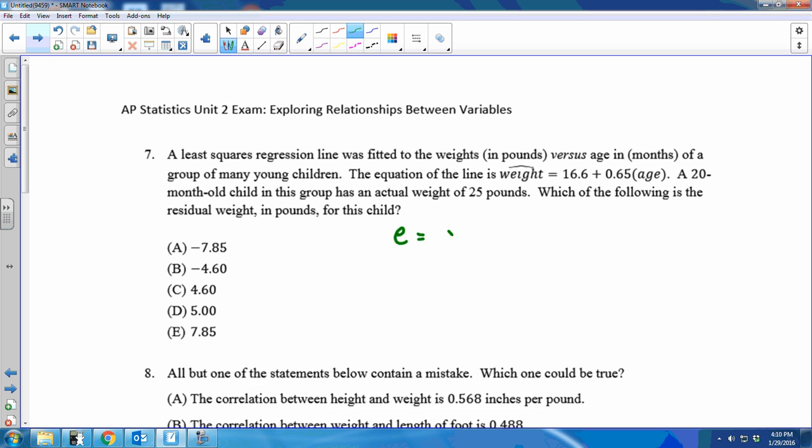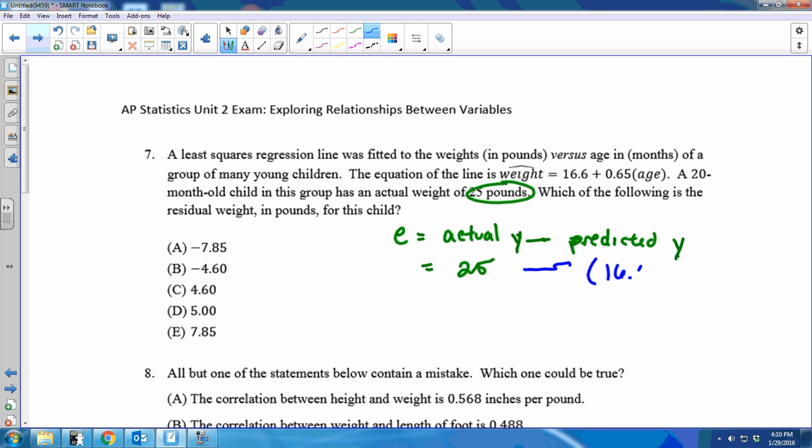The residual is the actual Y minus the predicted Y. So the actual weight in this case was 25 pounds. And then they defined the predicted weight. So the predicted weight, I would use the equation: 16.6 plus 0.65 times the age in months, so 20-month-old.